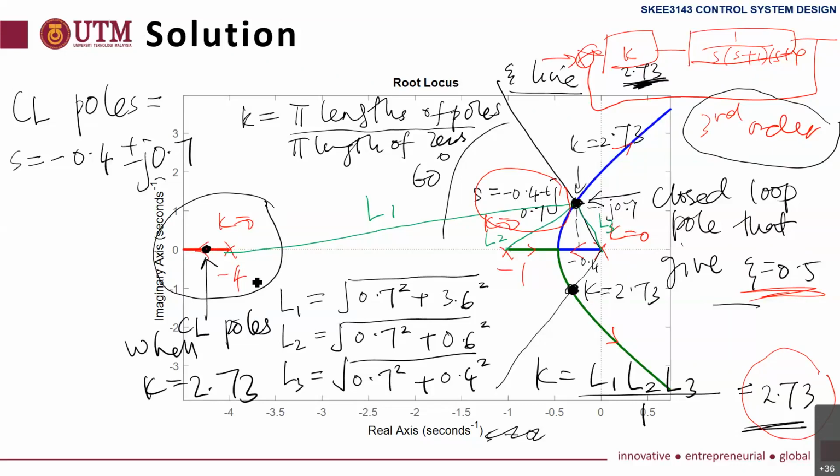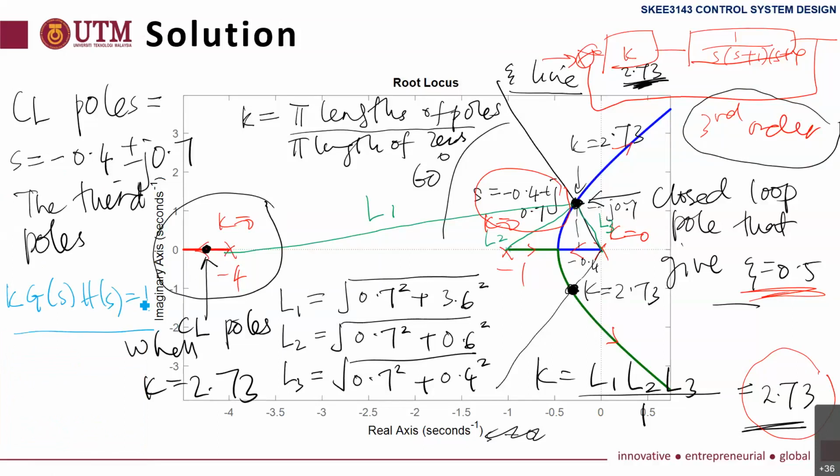In a later lecture, we will be discussing how to obtain the third pole. It's actually obtained by using the formula K G(S) H(S) equal to 1. If we apply this formula, we add K 2.73.